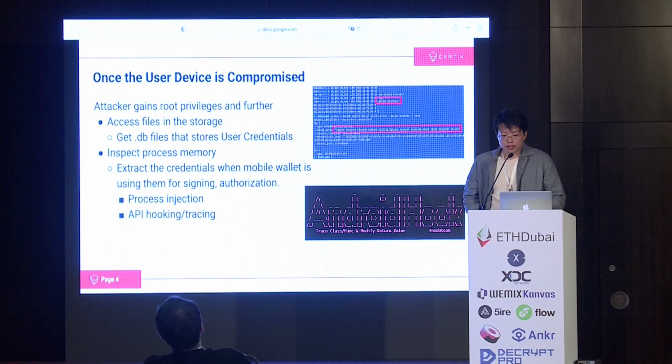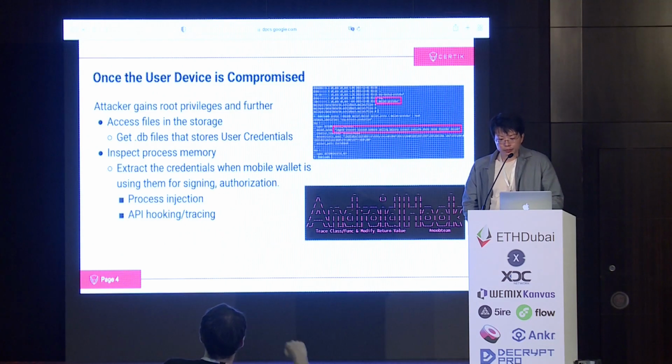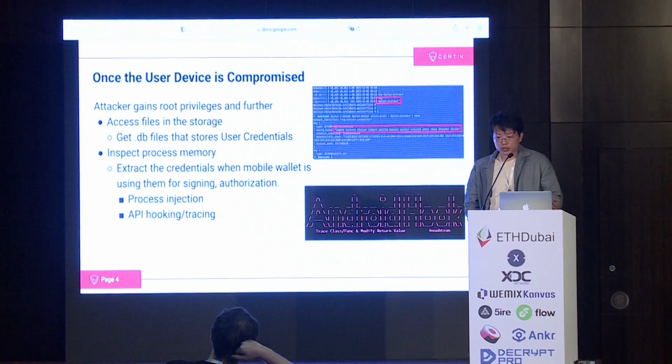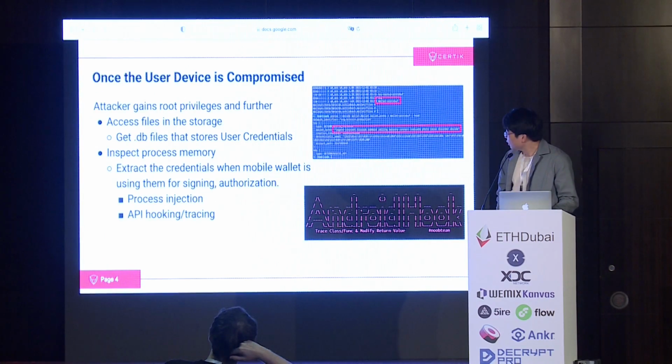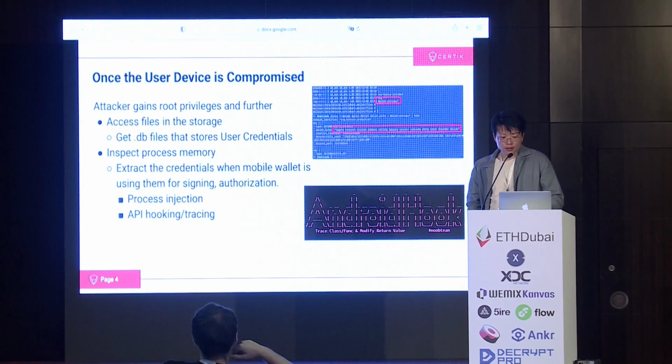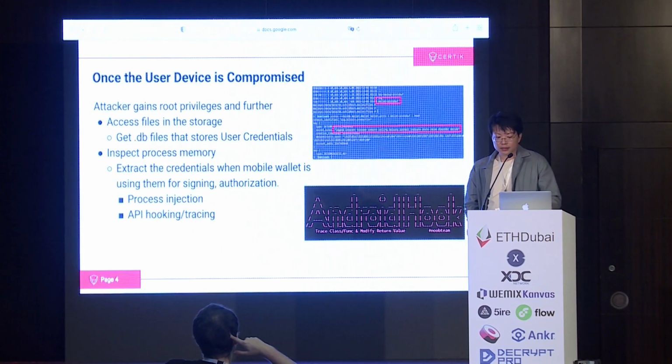Once a user's device is compromised, the attacker can gain root privilege and can access files in the storage, including the DB files that store user credentials. As you can see in the top right corner, some wallet implementations store their plaintext mnemonics in the DB file, making them easy to access for attackers.